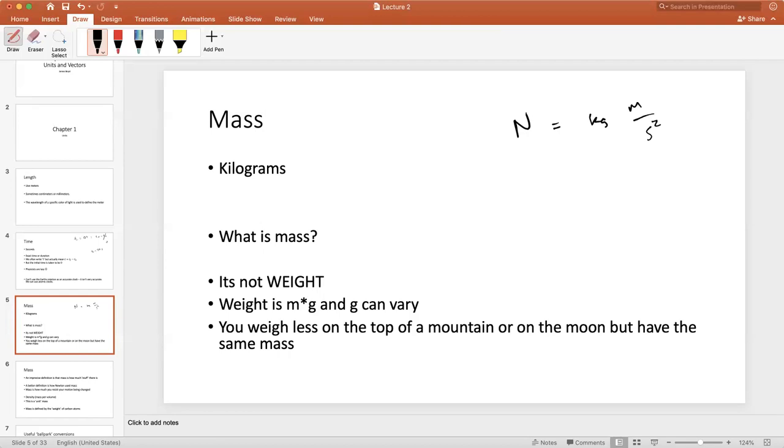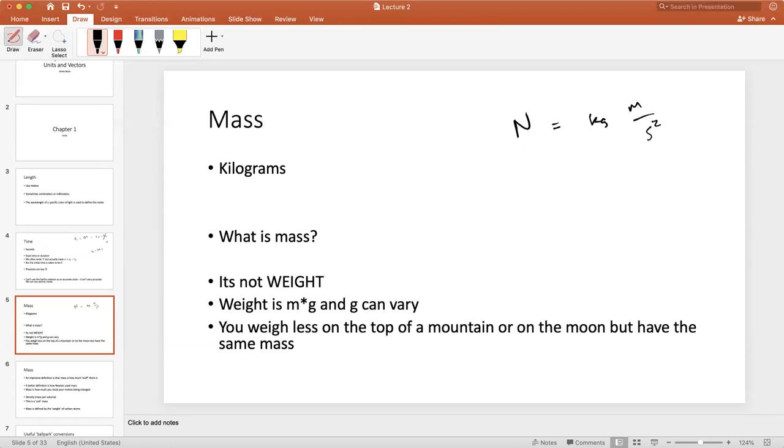We say objects have mass, but we often confuse it with weight. Your weight is actually your mass times gravity, but gravity can vary. Turns out that gravity varies by the distance between two objects squared. So the gravity on the surface of the Earth depends on the mass of the Earth and how far you are from the center of the Earth.